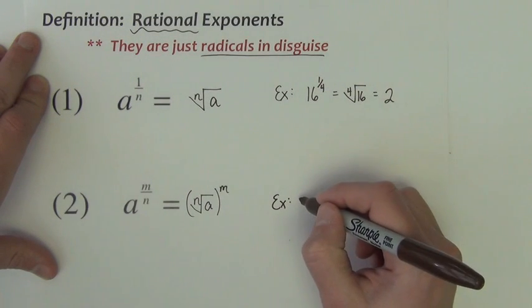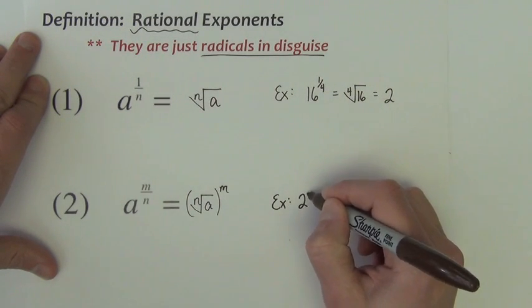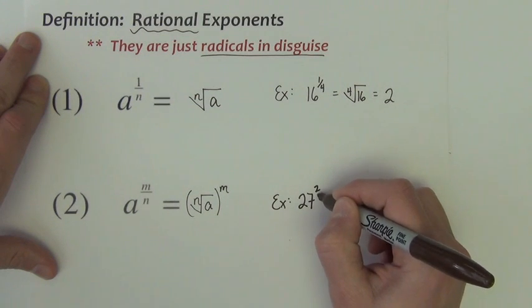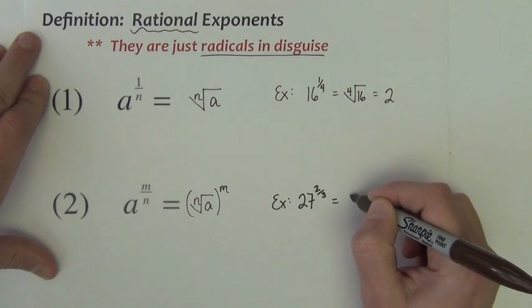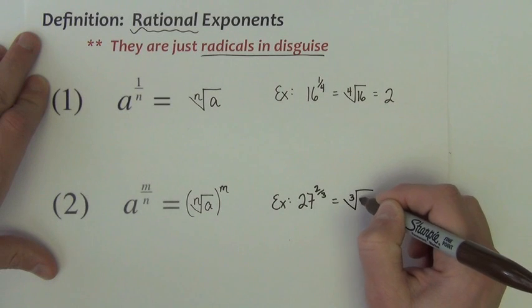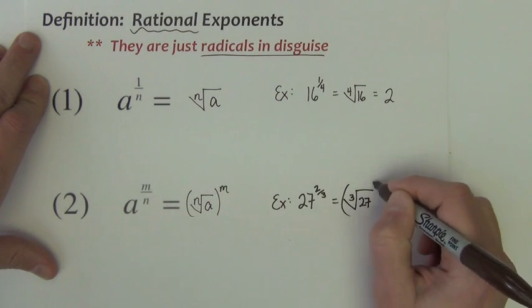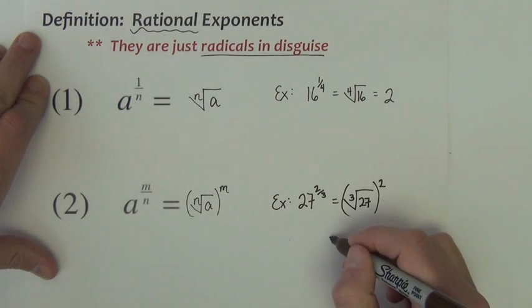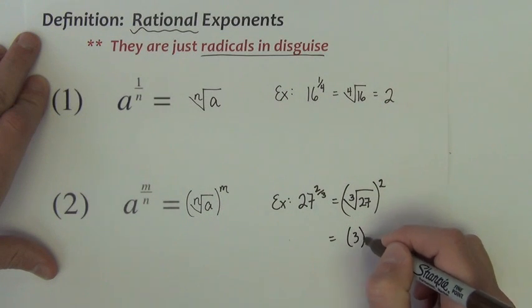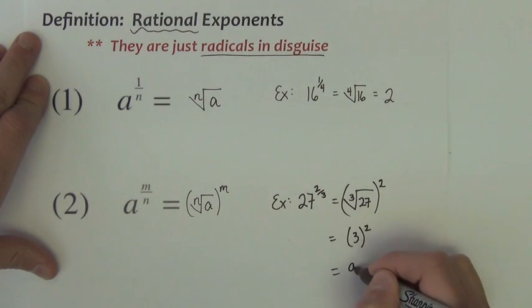Example, if I were to give you 27 to the 2/3, that means the cube root of 27 squared, which would be 3 squared, so we'd have 9.